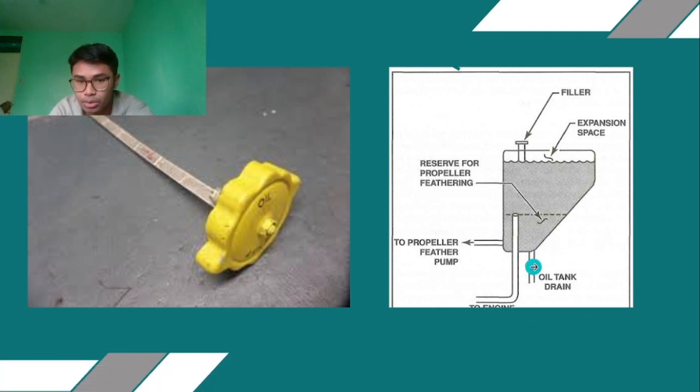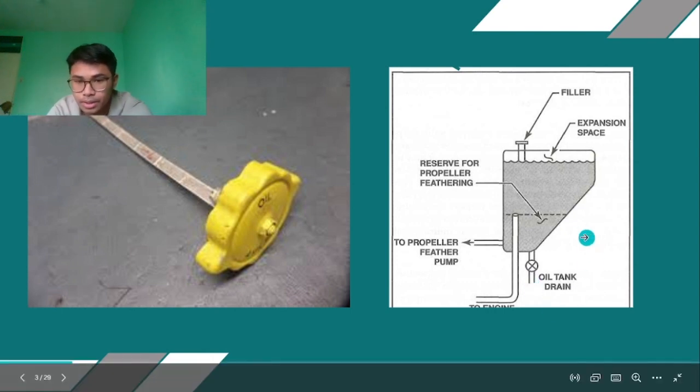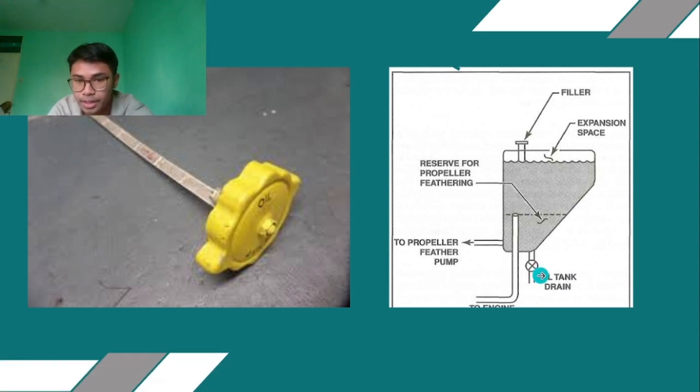Design niya is to allow fluids to flow out of the system by gravity. So, dito na pupunta yung excess oil. The excess oil or other fluids can accumulate in the bottom of the system, and the scupper drain provides a way for these fluids to be drained away from the system.